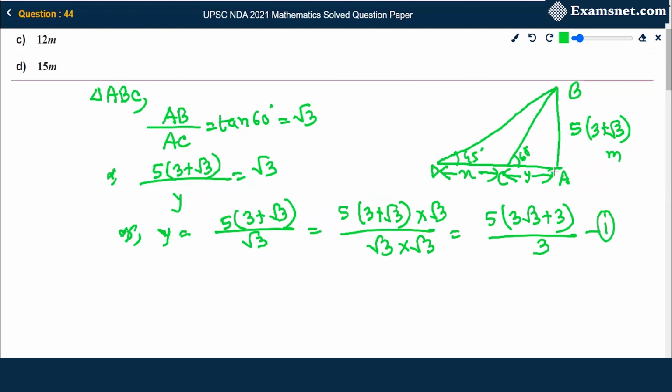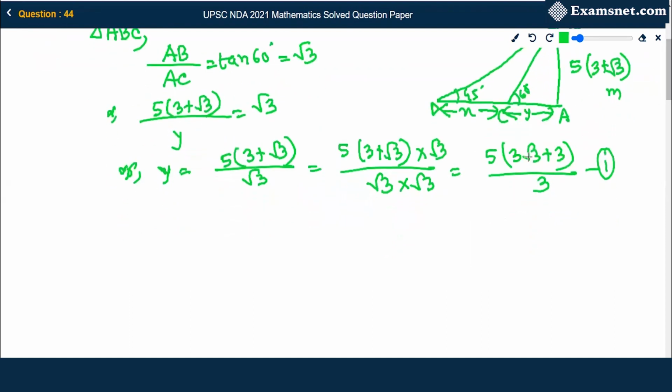Next, we will consider the triangle ABD. In triangle ABD, we can write AB by AD equals tan 45 degrees. We also know that tan 45 degrees gives us the value 1.